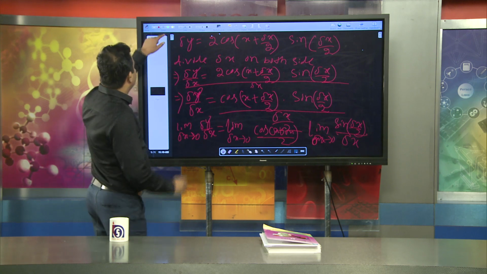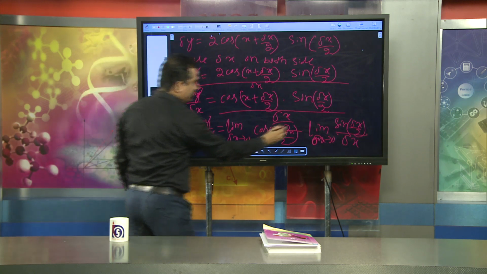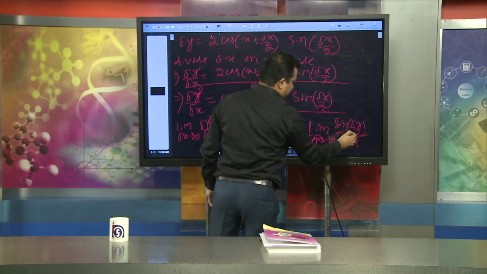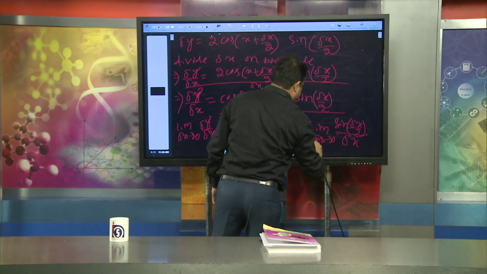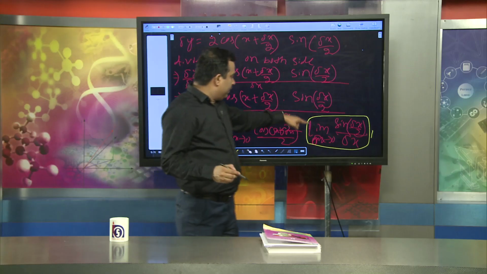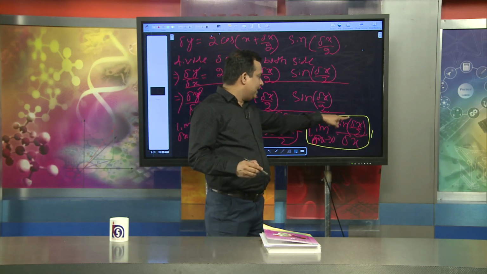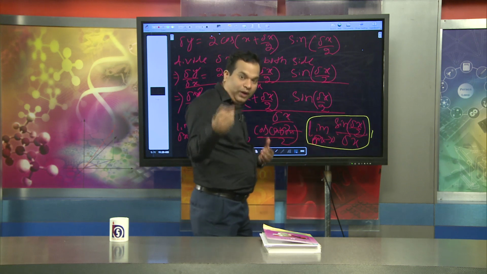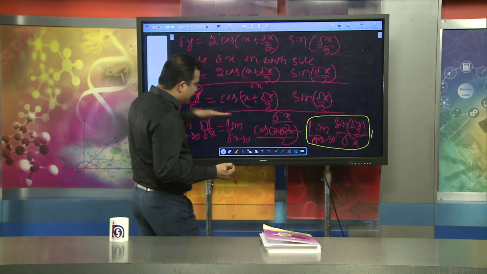Now what will you find? You just see, limit del x tends to 0 of sin del x by 2 by del x by 2, this value will be 1. We already know limit del x tends to 0 of sin x by x equals 1. So now this part is 1.